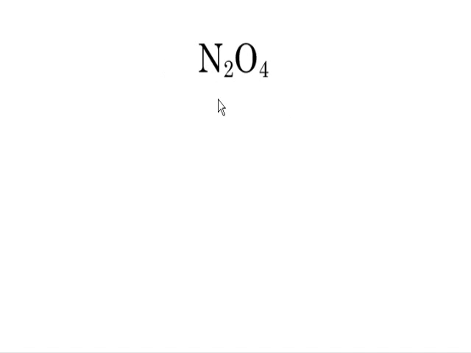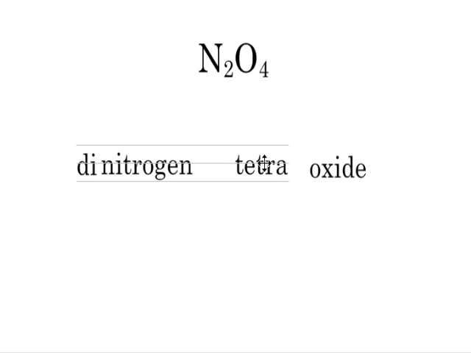N2O4. Again, our elements are N is nitrogen, O is oxygen. Oxygen is going to become oxide. There are 2 nitrogens, so this time we need a prefix, dinitrogen. There are 4 oxygen, so our prefix is tetra.